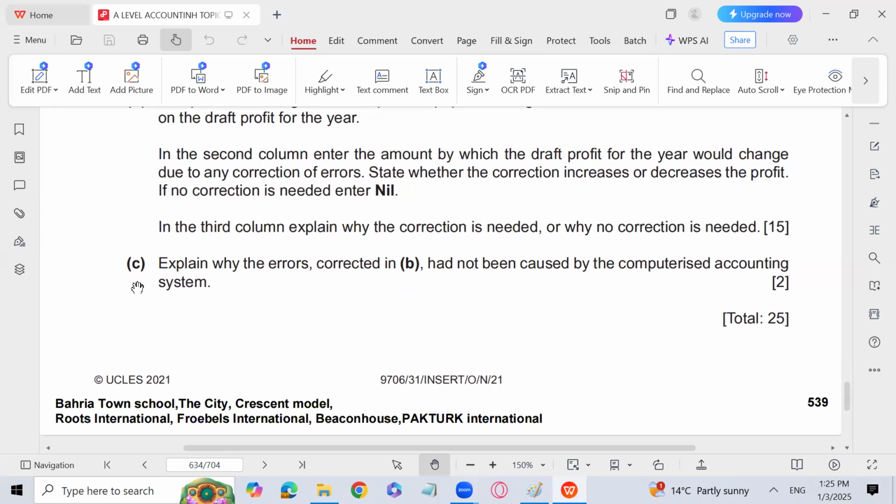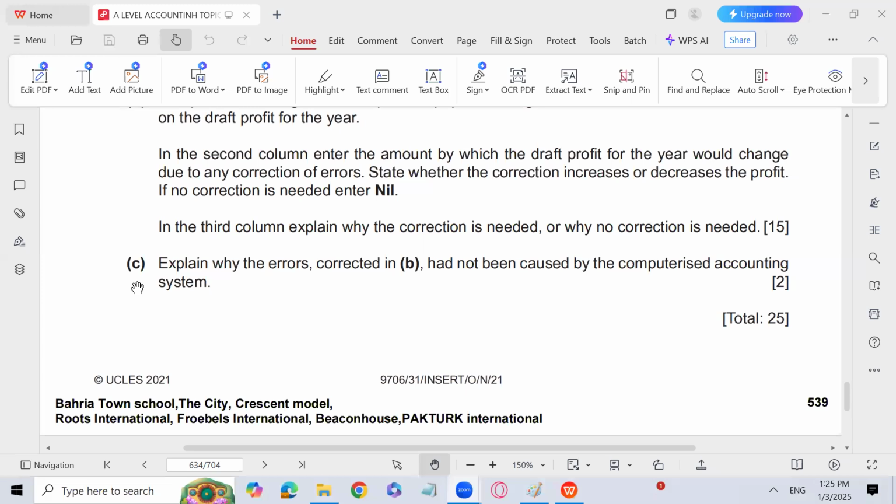So the computerized accounting system is not that tough, you must say, because the examiner used to ask in the exam what are the advantages and disadvantages of a computerized accounting system. So we used to tell the advantages like speed, accuracy, time, quick access to the records, large data can be stored, and disadvantages like anyone can access the data, right?